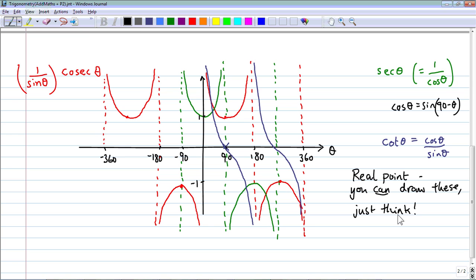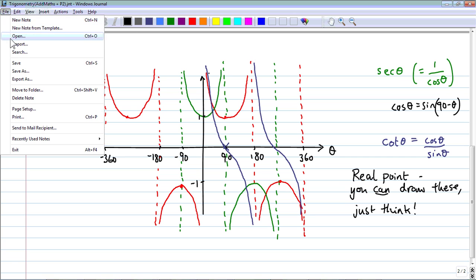Just choose the key points, and if the function is not defined at a key point, for example here cotangent is not defined when theta is 0, then just consider a number very close to that point and ask yourself, will it be plus, will it be minus, will it be close to 0, or will it be close to infinity? And from those basic facts you should be able to work out anything you need to.